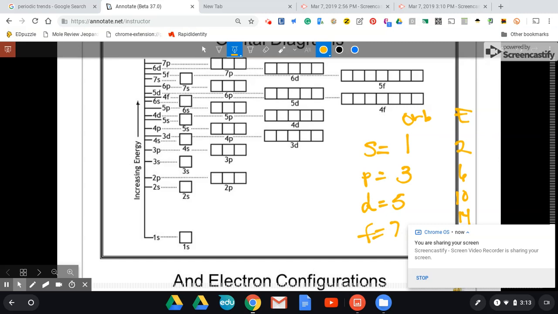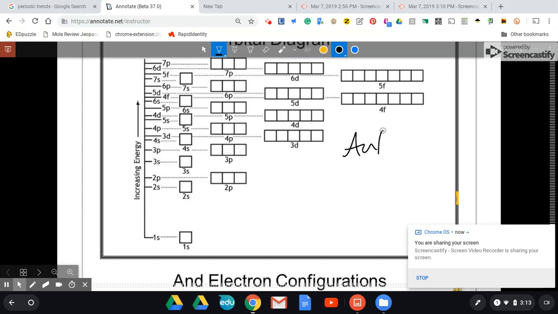All right, so let's look then at electron configurations. So I gave you several rules, actually 3 rules. So first was Aufbau. Aufbau says you have to fill the lowest energy level first, okay? Then you have Hund's.